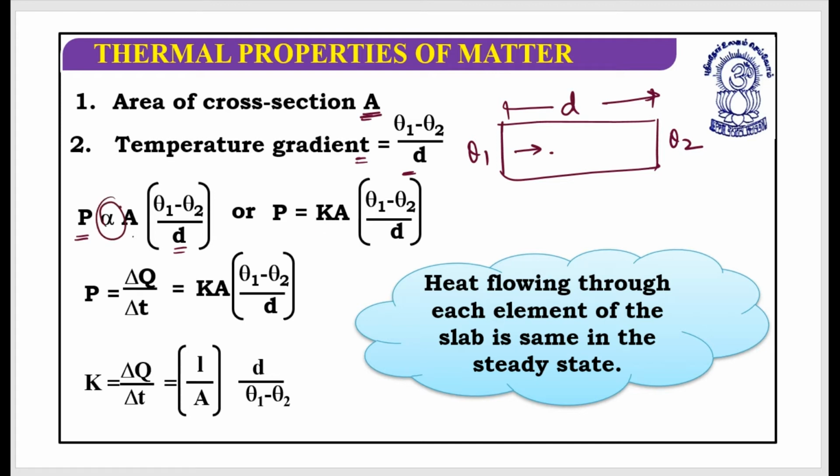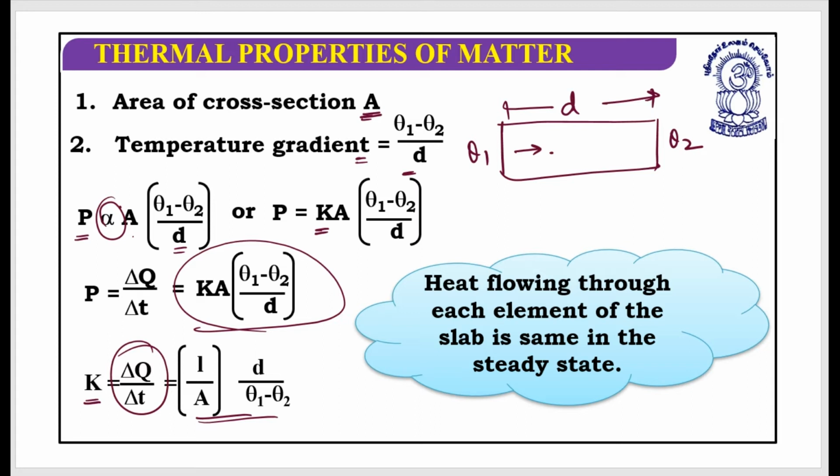If I remove the proportionality constant, this is P equals k into A into (theta 1 minus theta 2) by d, or this k could be written as delta Q by delta t, times 1 by A, into d divided by (theta 1 minus theta 2). So you must remember this formula, and the other things will follow on their own. I hope this is clear.